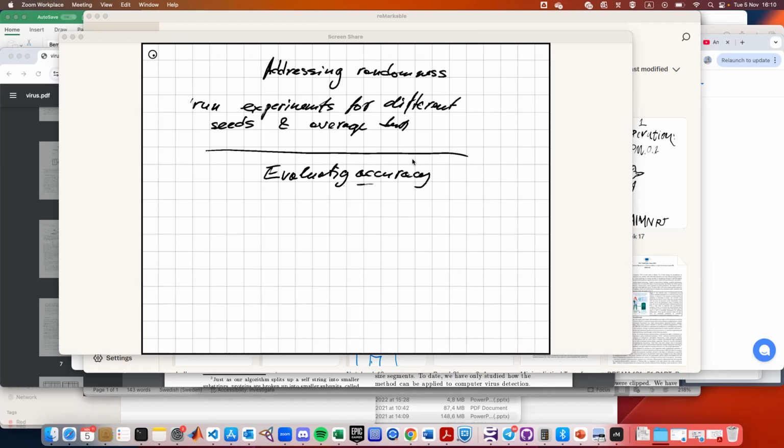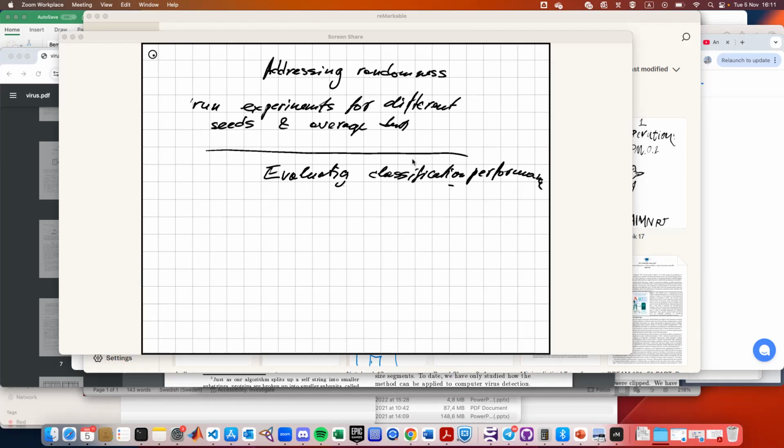Accuracy is one thing, but let me remove this stuff. Evaluating classification performance. F1 score. Okay, let's start with F1 score.